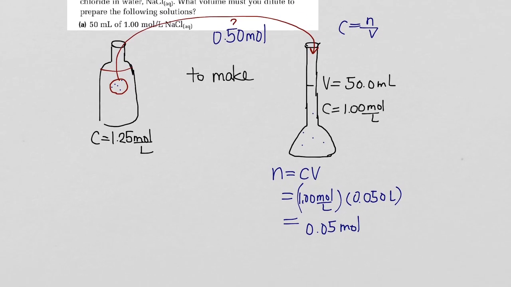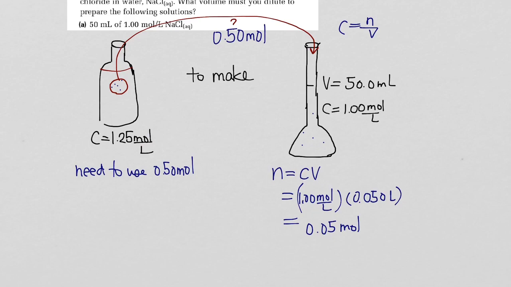But how much of this would give you 0.05 moles? The concentration is 1.25 moles per liter, so in every liter it is 1.25 moles.